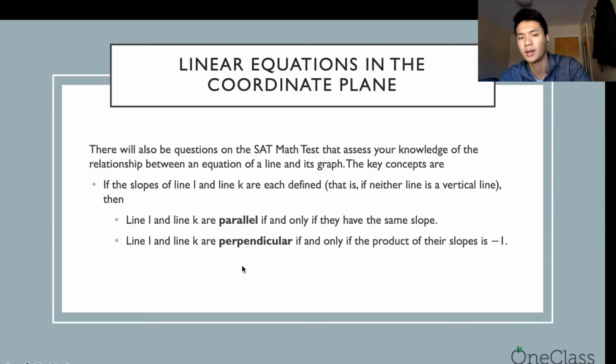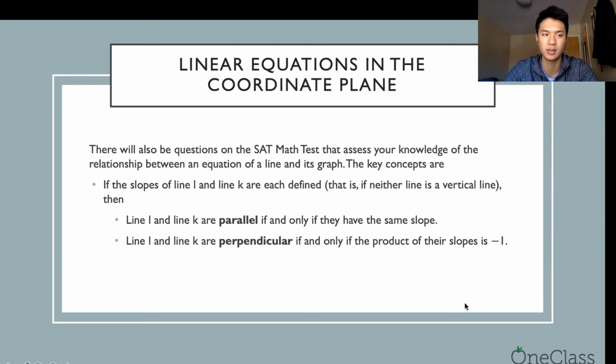And the other configuration there might be is that you're told that lines L and K are perpendicular, and that is a more unique configuration in which the two lines intersect at 90-degree angles, and that tells us that the product of their slopes must be -1.